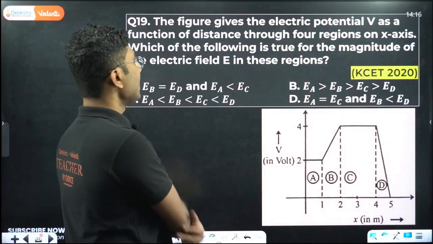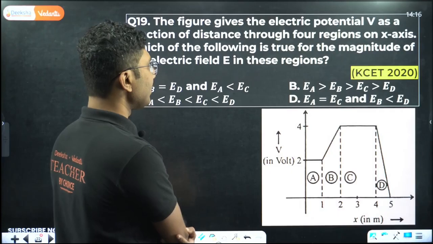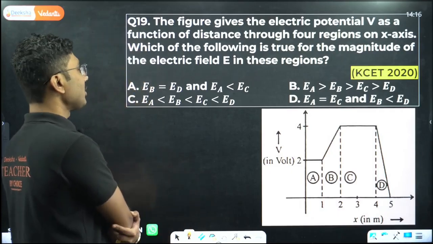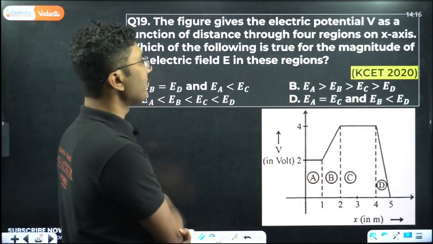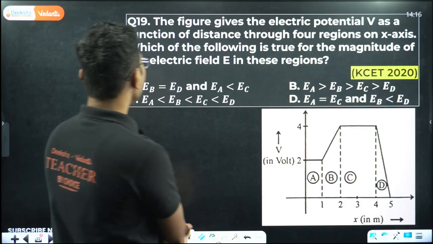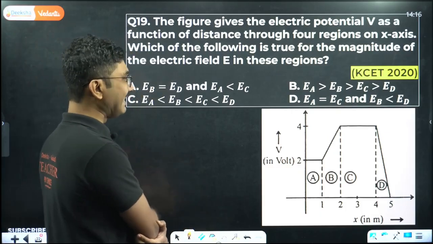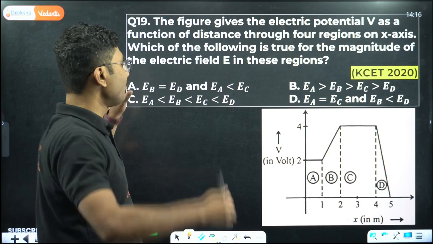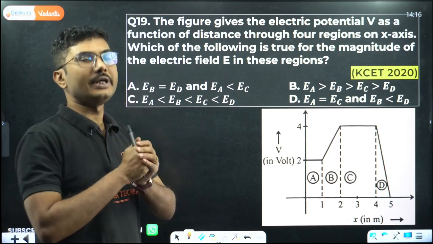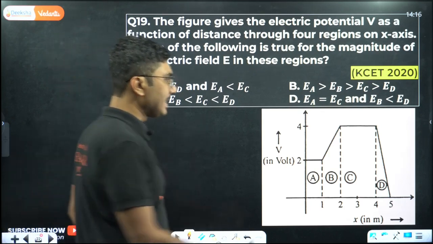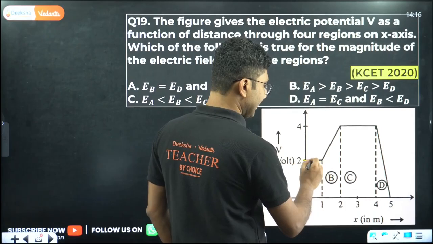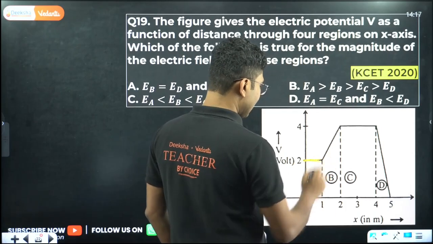Now next is question number 19. The figure gives the electric potential V as a function of distance through 4 regions on the x-axis. Which of the following is true for the magnitude of electric field E in these regions? So you have to find the magnitude of the electric field, not its sign. In region A, the voltage is constant.